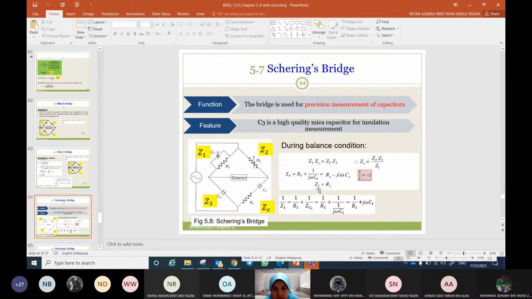Then Z2 is equal to R2. This is a parallel circuit, so 1 over Z1 is equal to 1 over R1 plus 1 over ZC1. So 1 over R1, after we make it inverse, plus j omega C1.